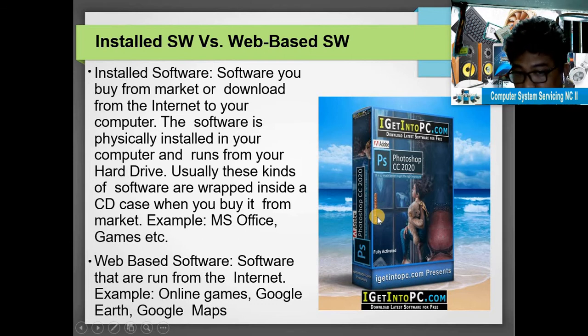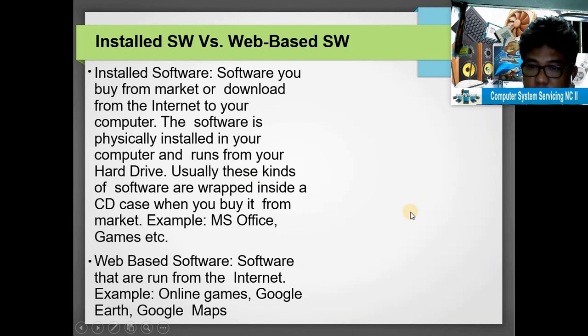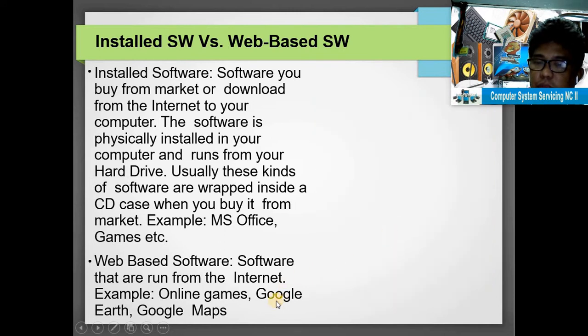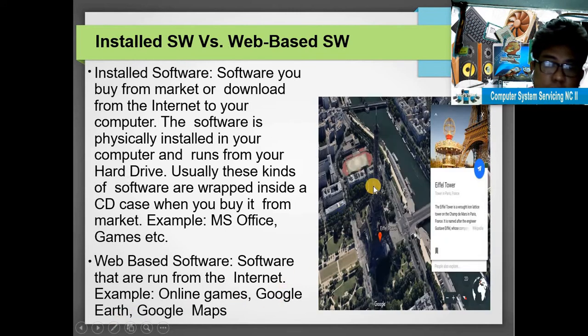Okay? And then, aside from this, we have web-based software. Software that are run from the internet. Example, online game. I have here Game of Thrones. Yan, browser game or online game. Then, aside from this, we have Google Earth. Okay? Google Earth, ito. So, parang siya, pinicturean siya live.